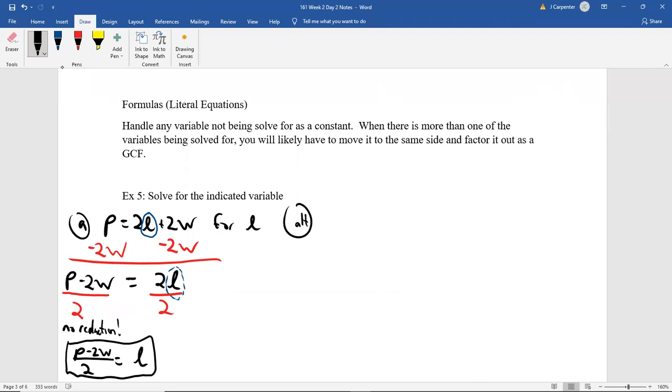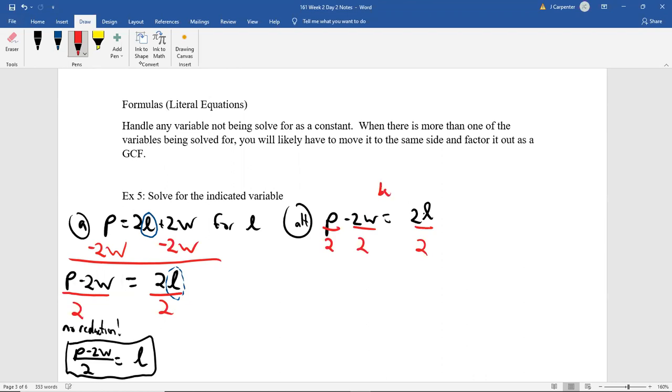If you don't like doing it that way, you can do what's known as a split division. You can divide term by term by 2. I do not care which technique you do for now. However, when we get to graphing lines, things like 2x plus 3y equals 6, I actually prefer this later.